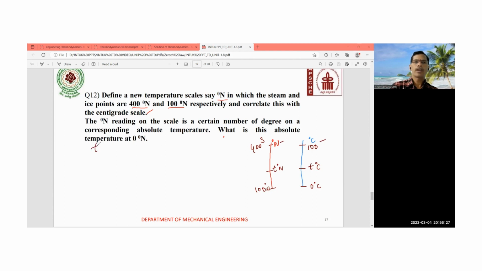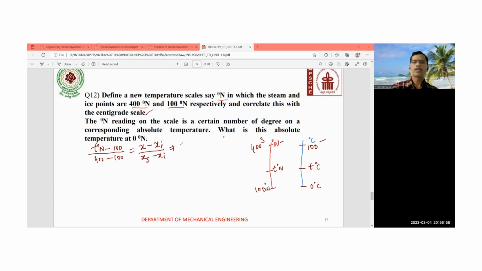So this is T degree N, because this is what you need to find, minus ice point, divided by the steam point, 400 minus ice point, is equal to the thermometric property of substance X, that is the required condition, minus X ice, divided by the thermometric property of the substance at the steam point minus the thermometric property of the substance at the ice point.